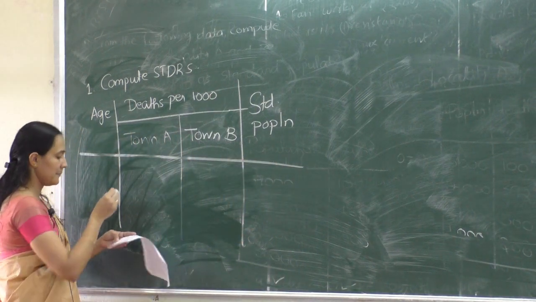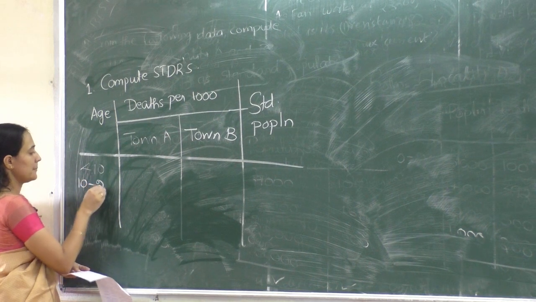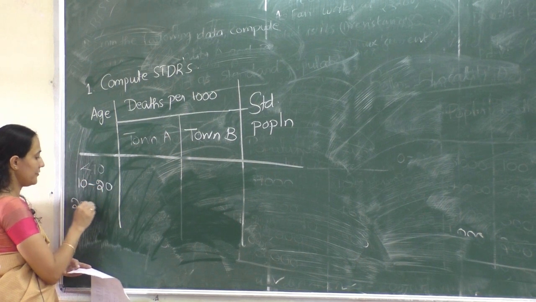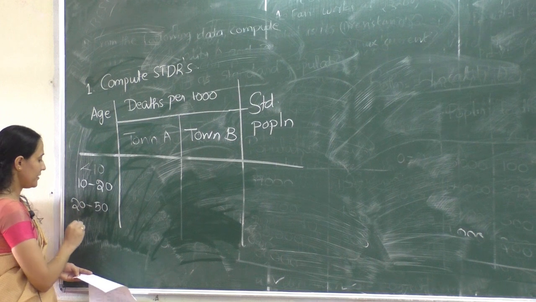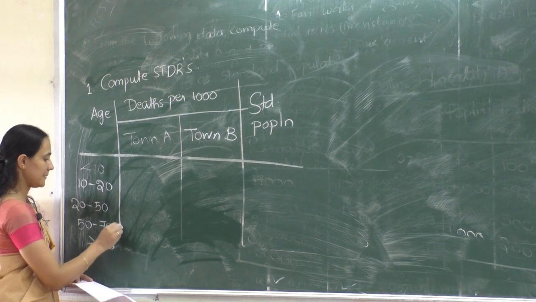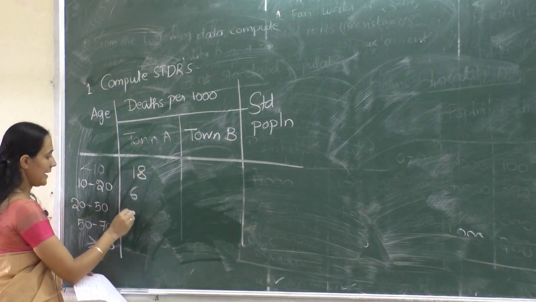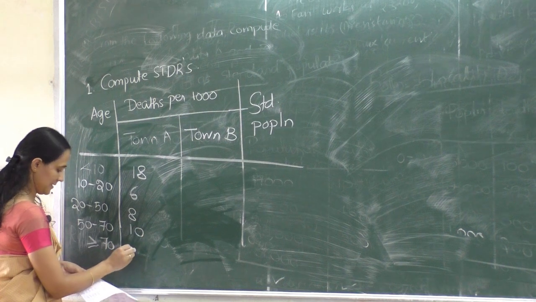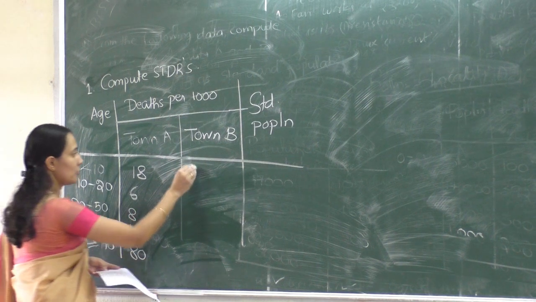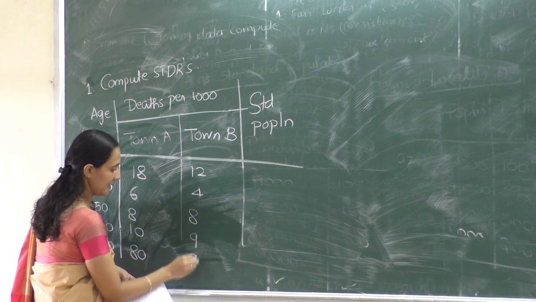Ages: less than 10, 10 to 20, 20 to 50, 50 to 70, greater than or equal to 70. Town A: 18, 6, 8, 10, 80. Town B: 12, 4, 8, 9, 90.